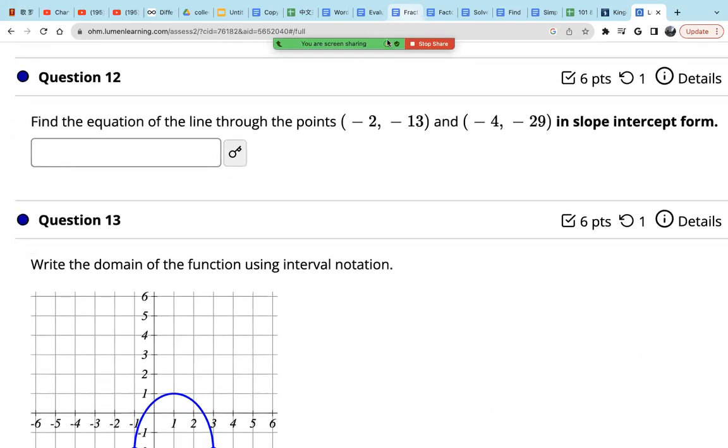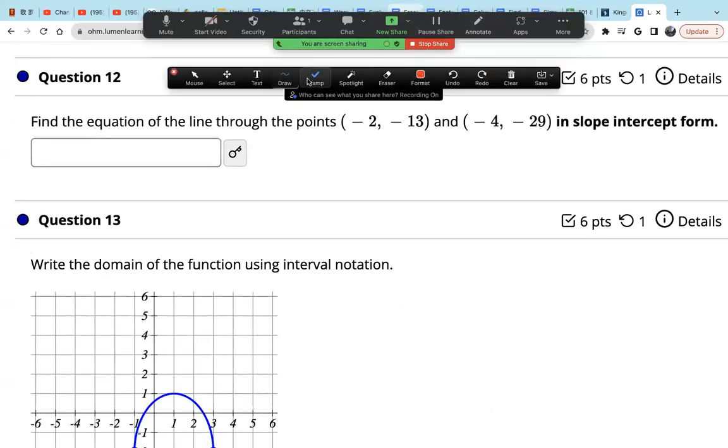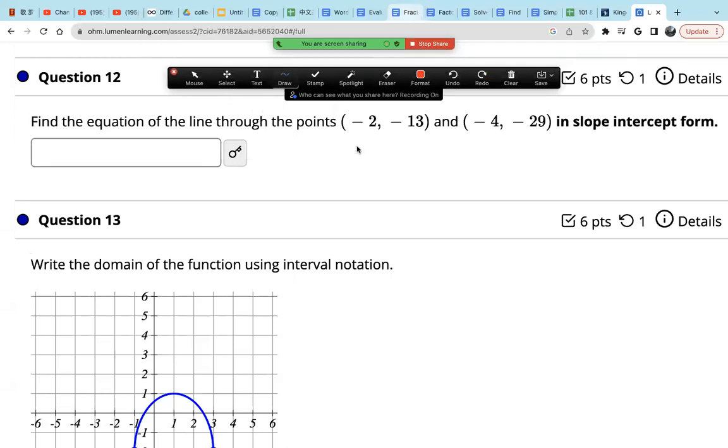Let's see, 12. So again, we want to find the equation of the line through those 2 points in slope-intercept form. Slope-intercept form means y equals mx plus b. So we need to find m, we need to find b. How do we find m?